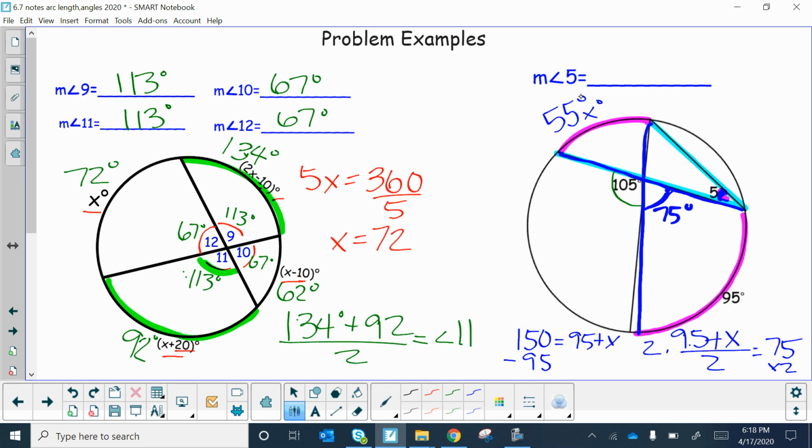So since that arc is 55 degrees, you can always take half of that to get its inscribed angle. So 55 divided by 2 is 27.5. So angle 5 is 27.5 degrees. But you got to use the intersecting chords to figure that one out.